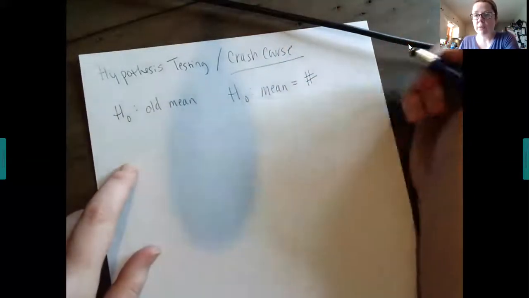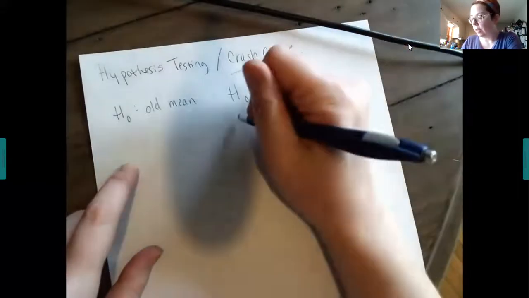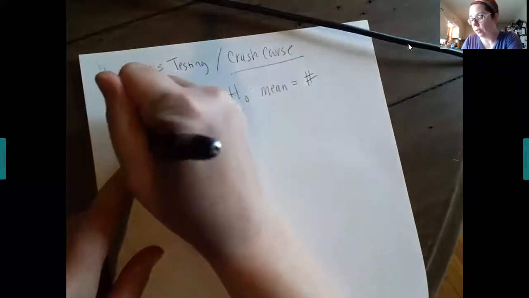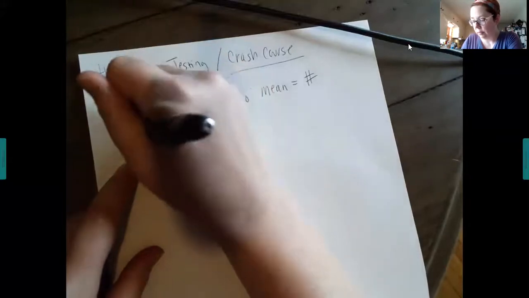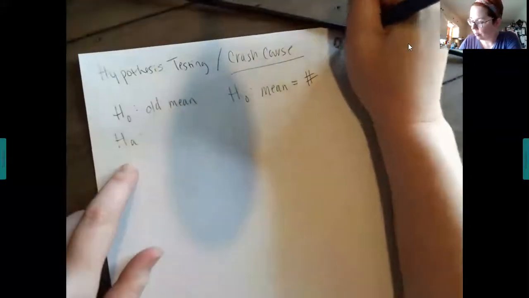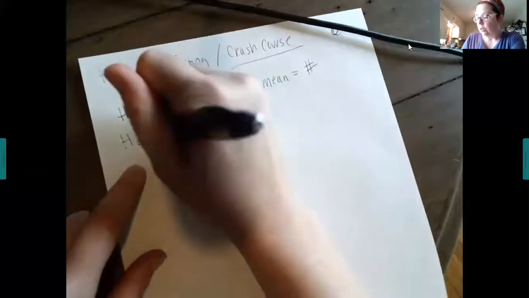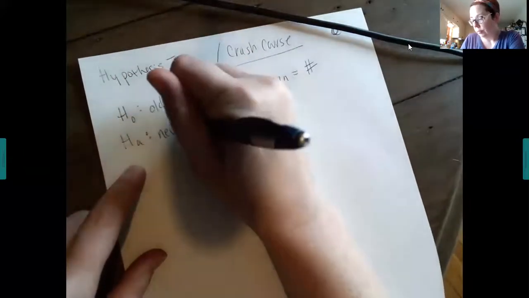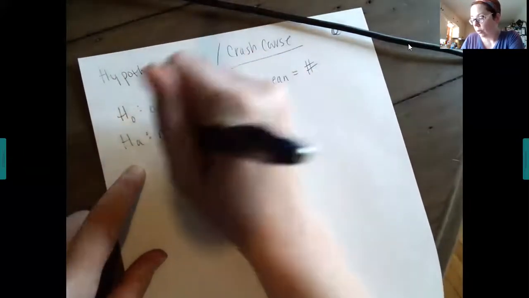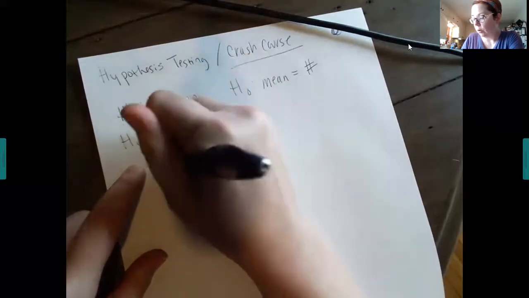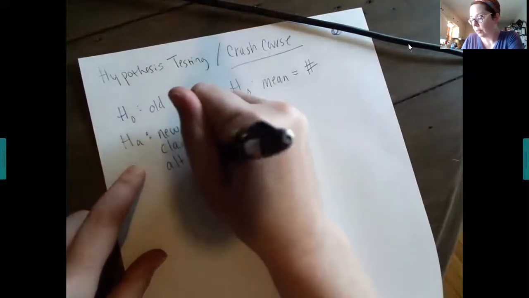And then you're going to be given information, and there's going to be a claim. There's going to be an alternative hypothesis. So this is the new mean, or claim, or alternative hypothesis.